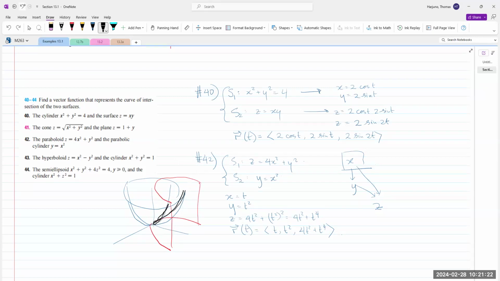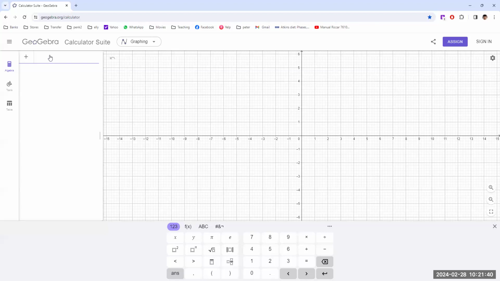Now you can use GeoGebra to graph that. Let's try to do that. Where's my GeoGebra? Okay, so we have z equals 4x squared plus y squared.